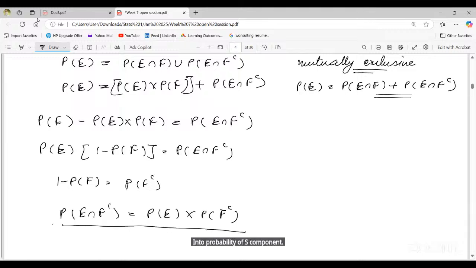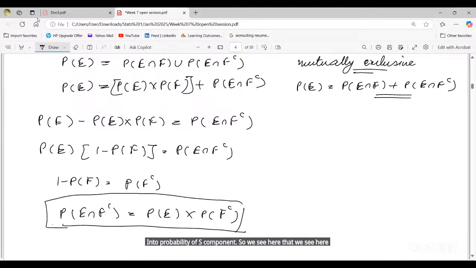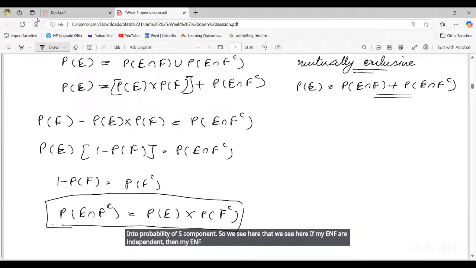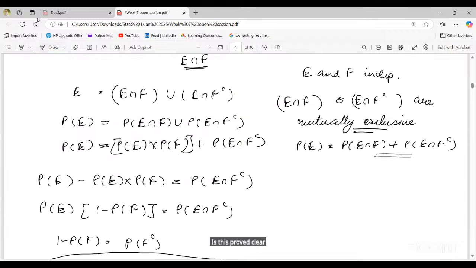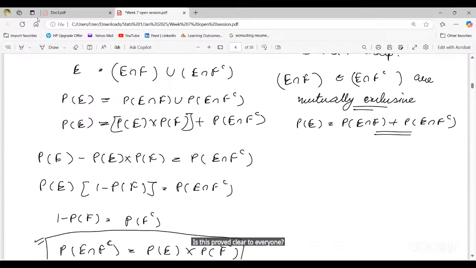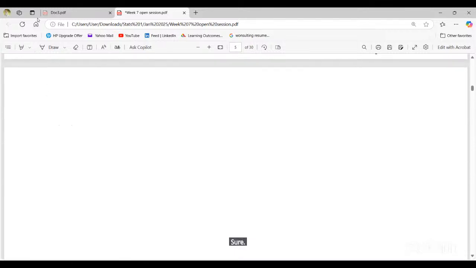So if E and F are independent, then E and F complement will also be independent. Is this proof clear to everyone?